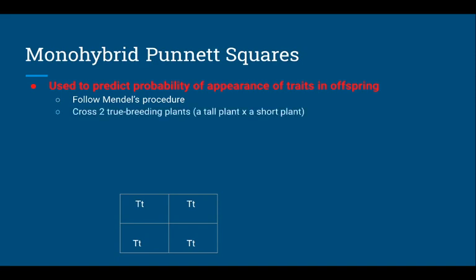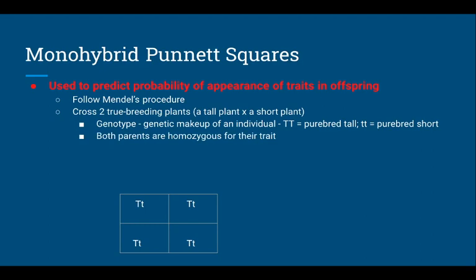We're going to cross a tall plant with a short plant. So we're going to take the genotype of the tall plant, big T, and the genotype of the purebred short plant will be little t. So we would say that both parents are homozygous for their traits. Big T, homozygous dominant, little t, homozygous recessive.